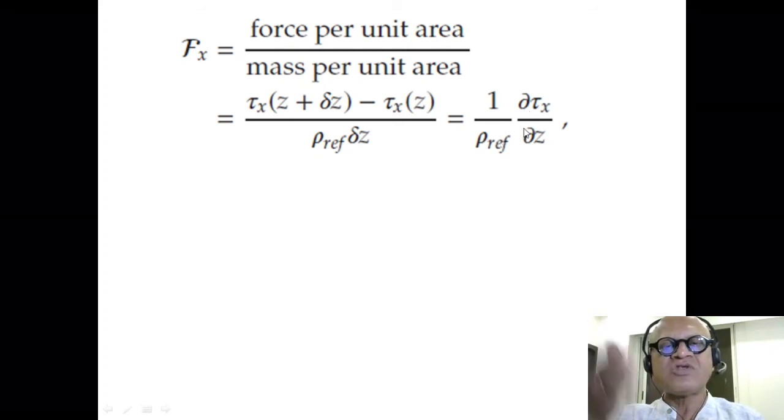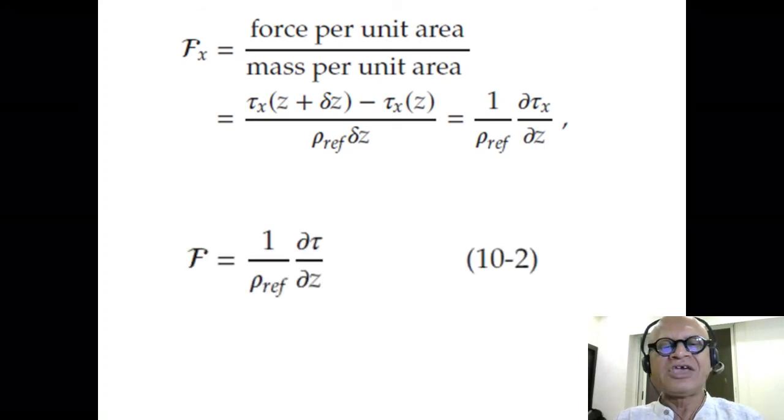It's the gradient of the wind stress decaying into the boundary layer, in which case we can write the vector form of our frictional force as 1 over rho ref del tau del z. Simple enough, right?